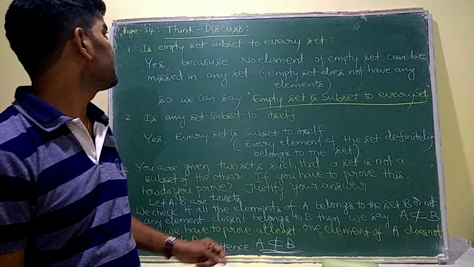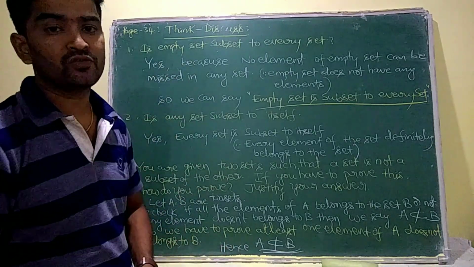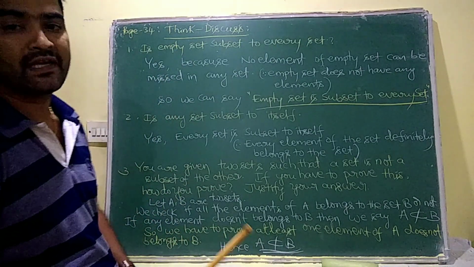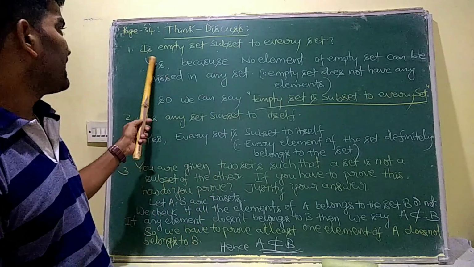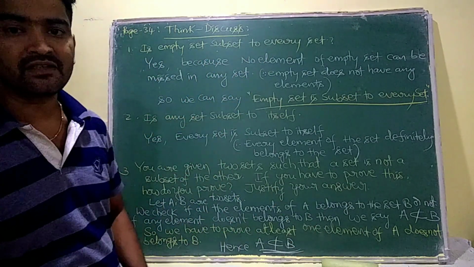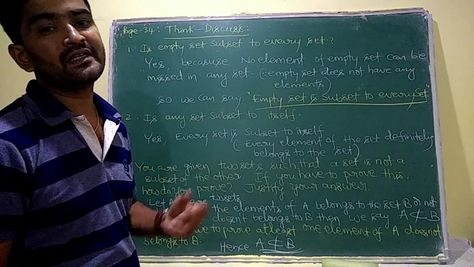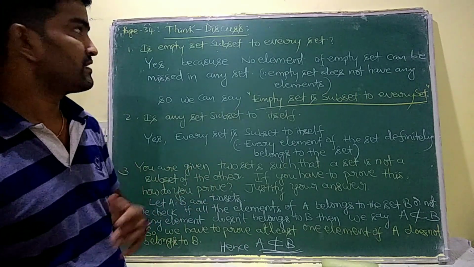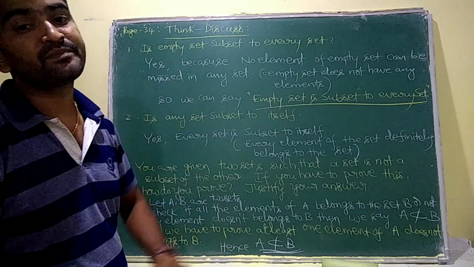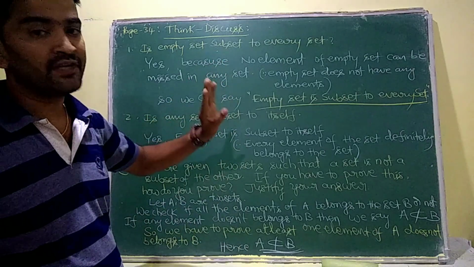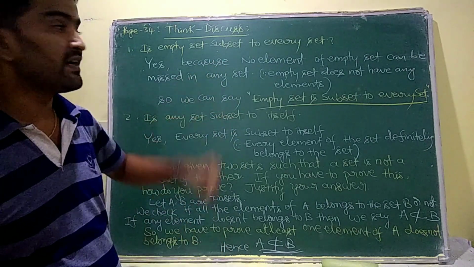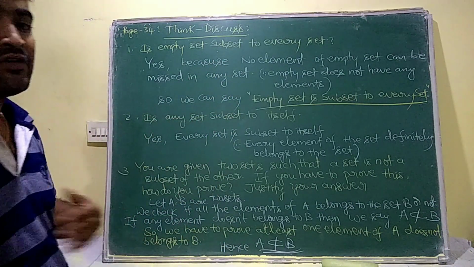We will discuss the think and discuss question from page number 34. The first question is: is the empty set a subset of every set? He is asking us to justify the answer. Yes, the empty set is a subset of every set. We have to justify it.